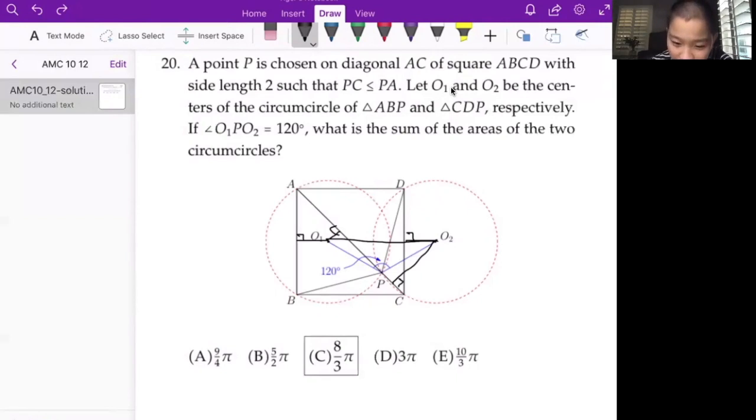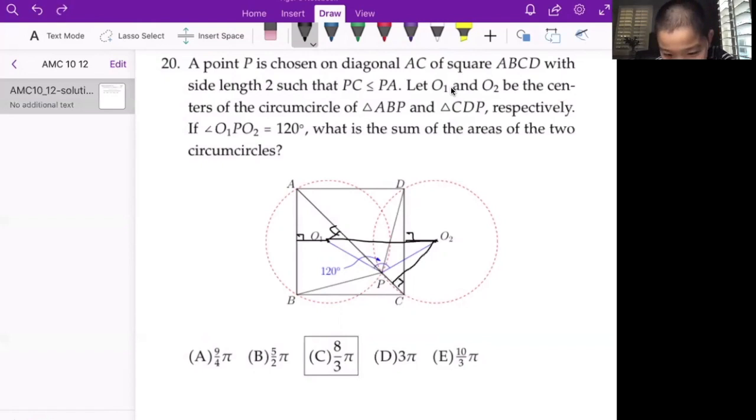So you can actually do it that way. So first, it would be nice to find the distance between O1 and O2. So let's try that. Oh, there's this thing right here if you look carefully. And this looks like it has all 45-degree angles, and that's not hard to prove.